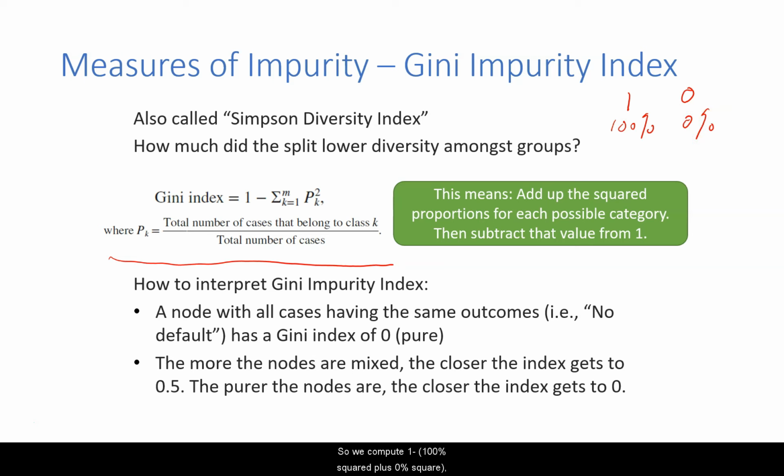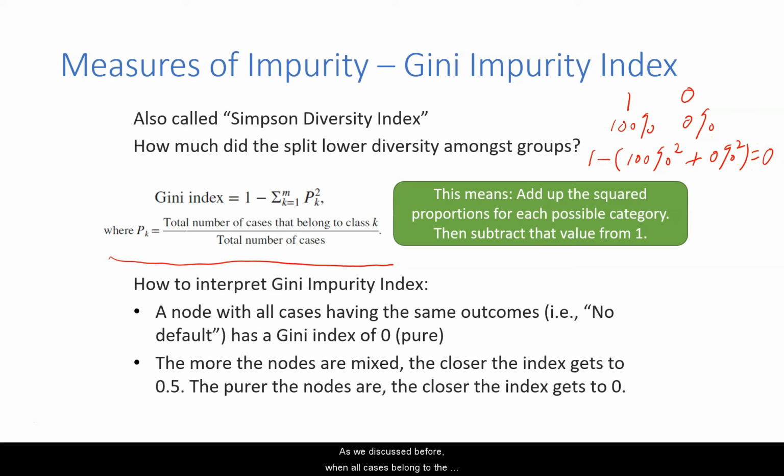So we compute 1 minus parentheses 100% squared plus 0% squared. And the resulting Gini index is 0.